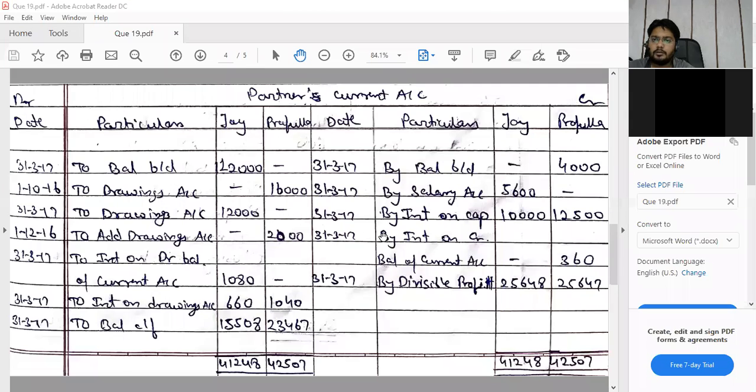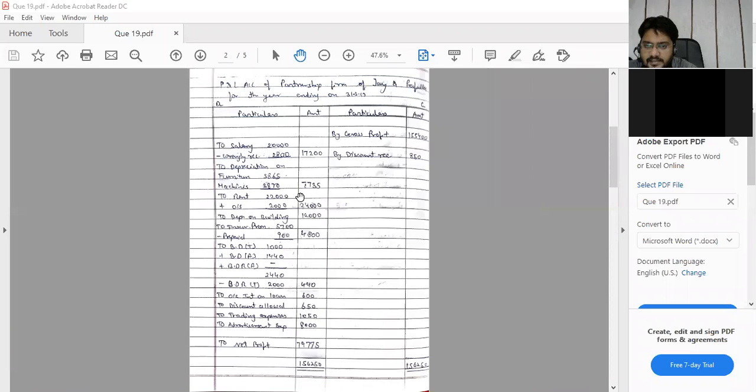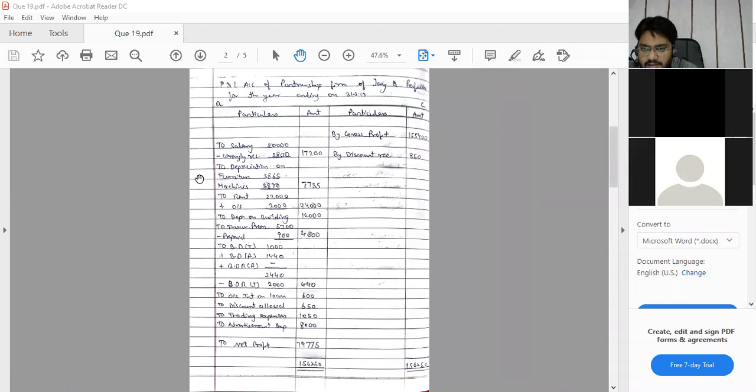Come to the P&L debit side, right here, to depreciation on building. In the outer column you can write 12,000.